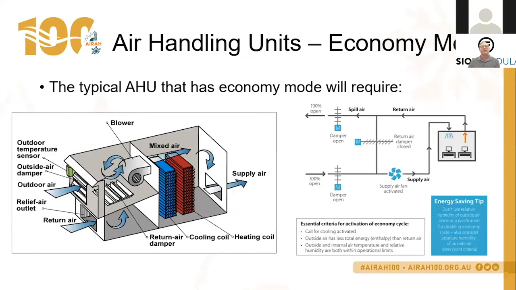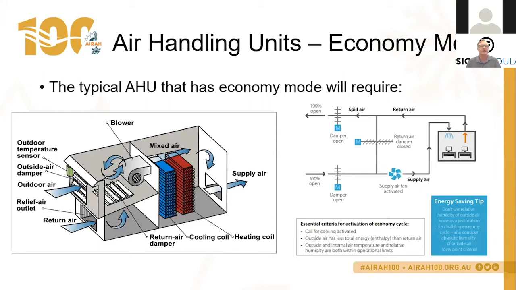So let's have a look at the design elements in applying economy cycle. A typical air handling unit that has economy mode will require it to be able to do close to 100% or 100% of the supply air rate through the outside air damper. You may, depending on your design, have slightly less than 100%.